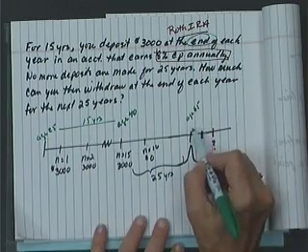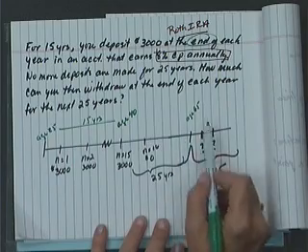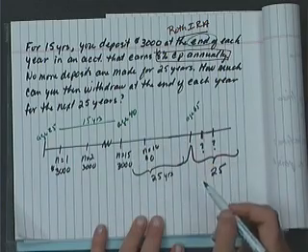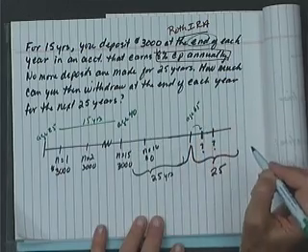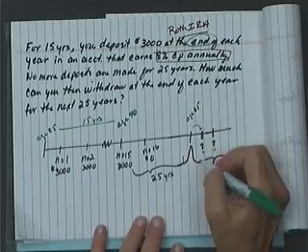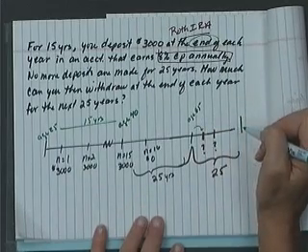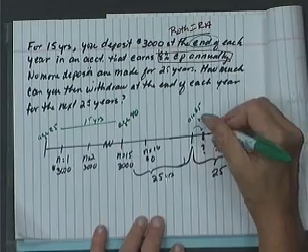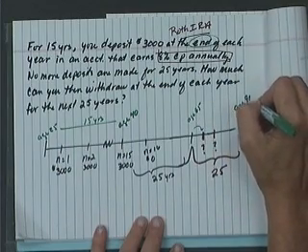Okay? And so now you let it sit there for 25 years, and then at the end of each year for the next 25 years, so you let it sit there, so now you're going to come to the end of the next year and start pulling out your money, and that will take you up to the time you should die because you're going to run out of money, and that would be age 90.